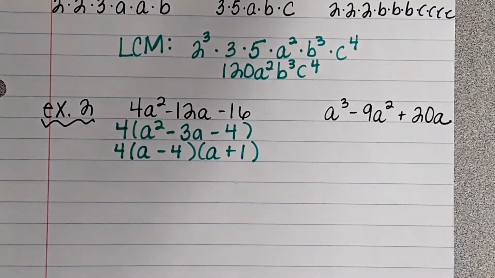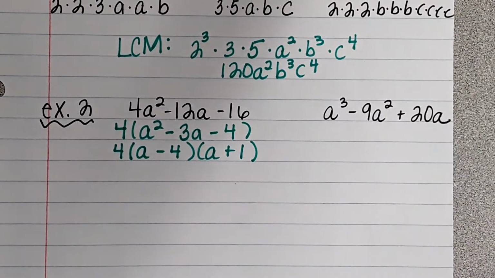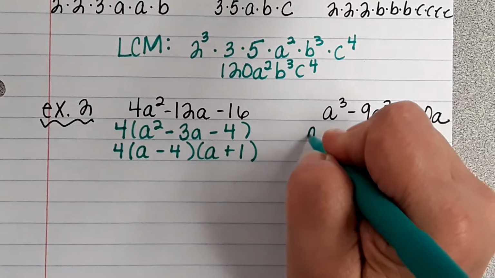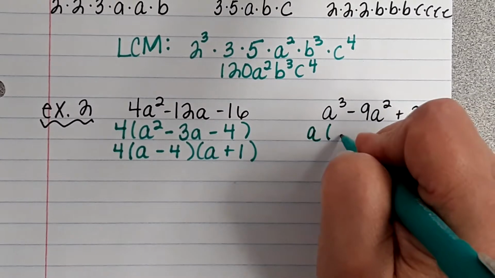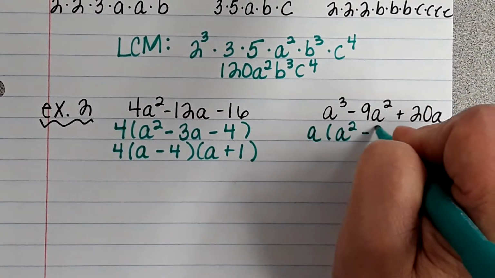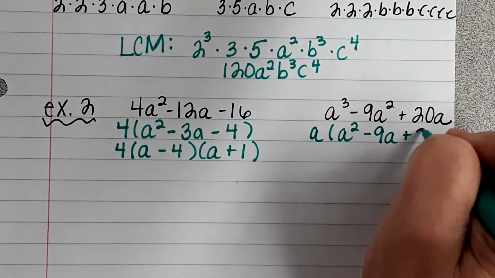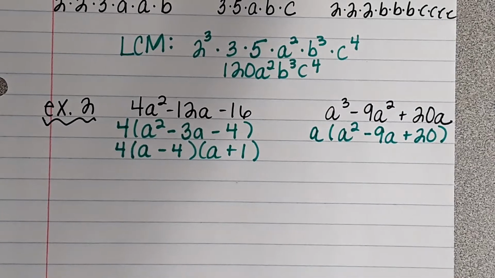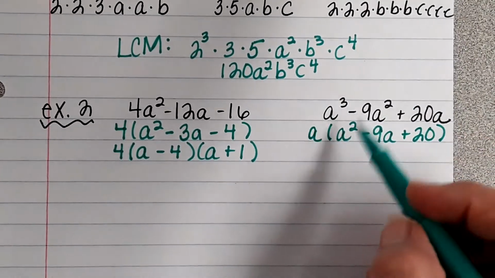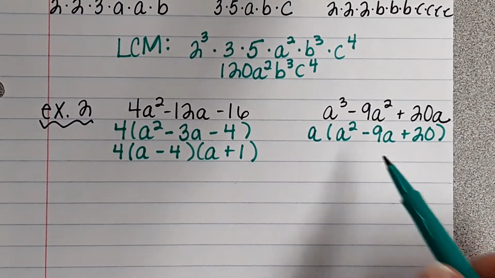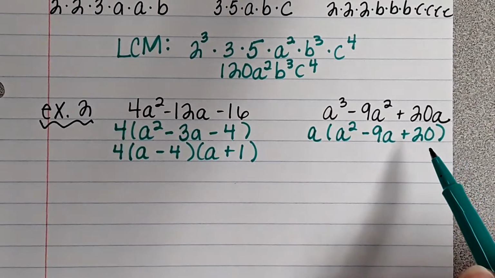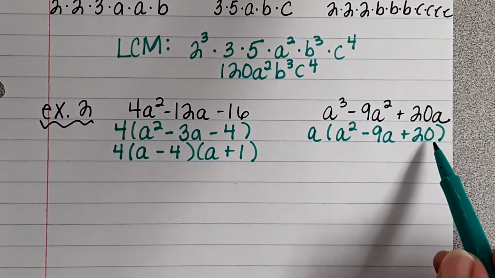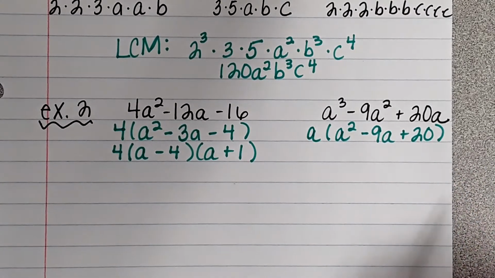That's like a prime factorization. Now in this one, again, the first thing that you want to ask yourself is, do they have anything in common? So we're going to pull out an a, and then I'm left with a squared minus 9a plus 20. Now, the number in front of a squared is 1, so I'm looking for two numbers that when I multiply, I get positive 20, and when I add them, I get negative 9.